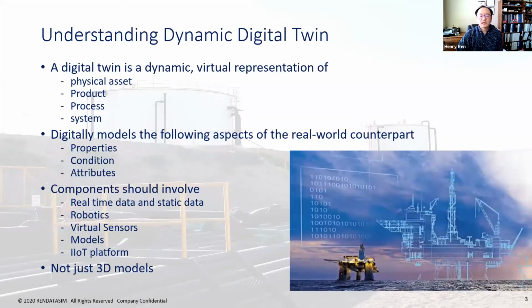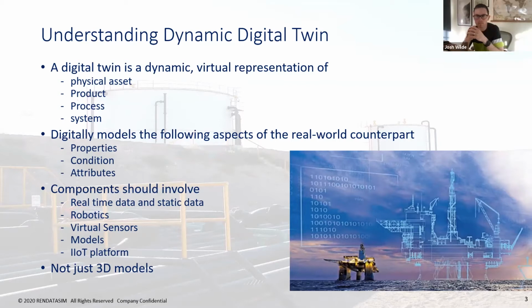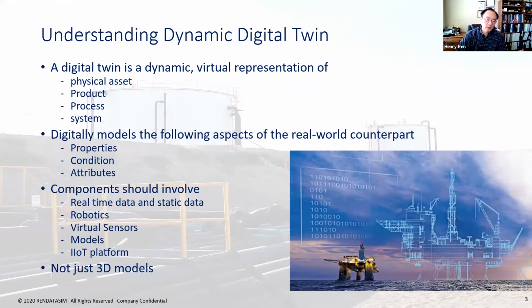So before we start, I have to present my view of the digital twin. The word digital twin has been used for a long time, maybe 10 or 15 years. Every business sector or functional silo has its own definition of the digital twin. In my mind, the digital twin should not be just the physical asset, because currently most people, when they refer to digital twin, only think about the physical asset.